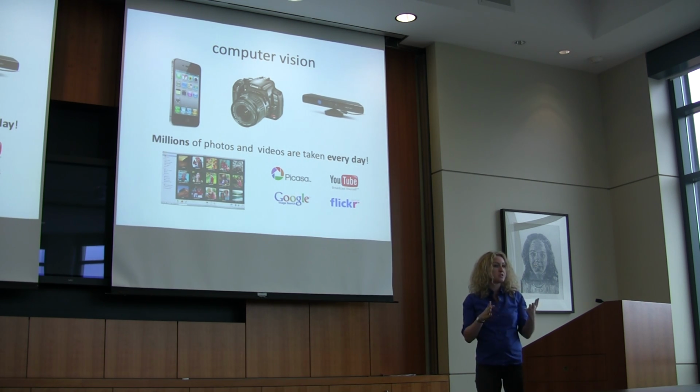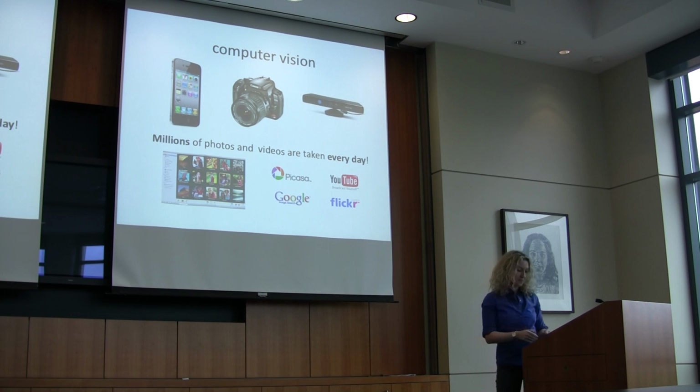Computer vision is all about coming up with automatic methods, algorithms, to be able to analyze this visual data, images, videos, depth information, and so on. The problems are how to reconstruct 3D shapes from images and videos, how to recognize objects, people, faces, estimate motion, and all sorts of problems in this space.